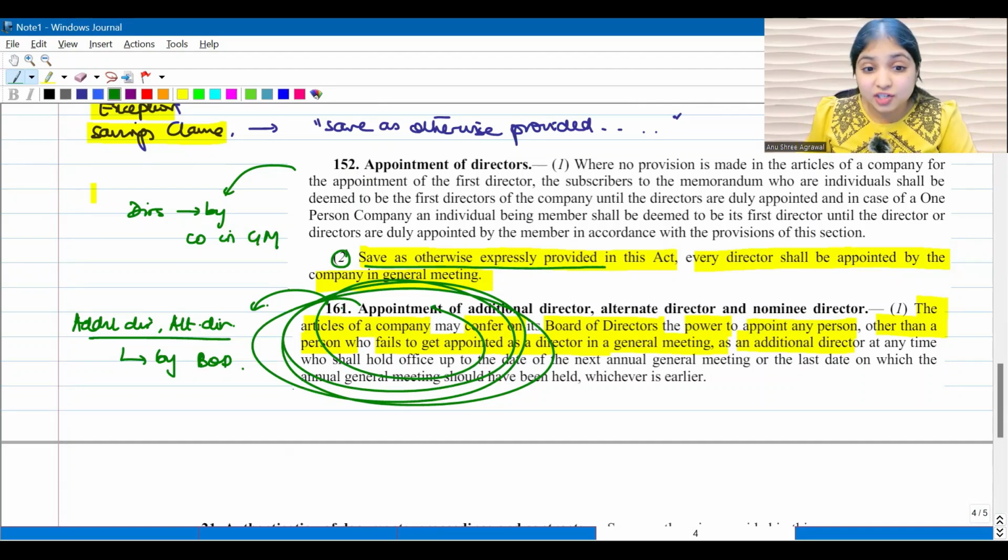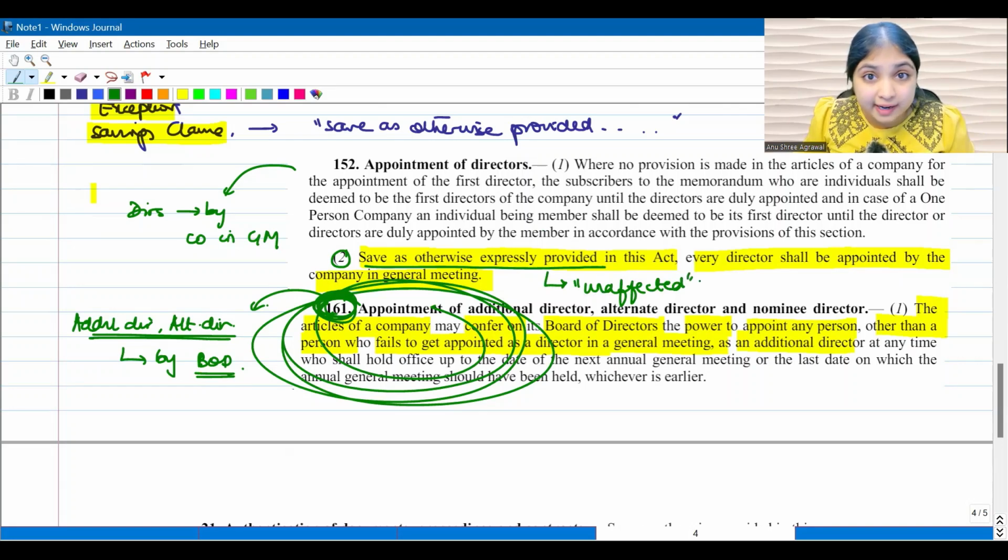So, if section 161 is saying that additional director and alternate director have to be appointed by the board of directors, then they have to be appointed by the board of directors only. Section 152 won't affect this section. Section 161 is going to stay unaffected. Save as otherwise expressly provided, you can give this the meaning of unaffected.